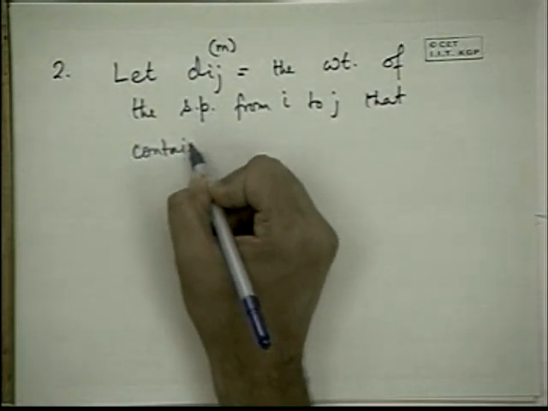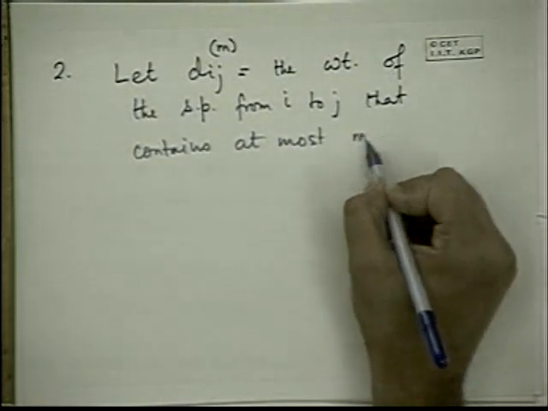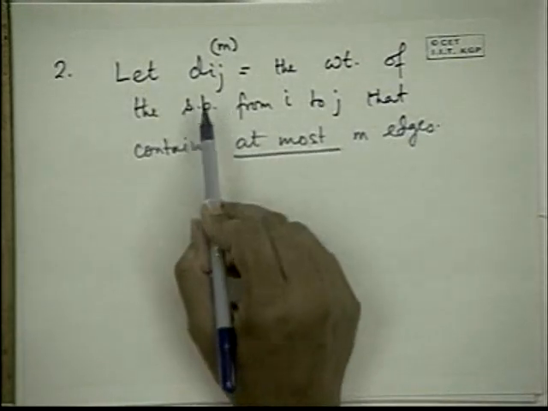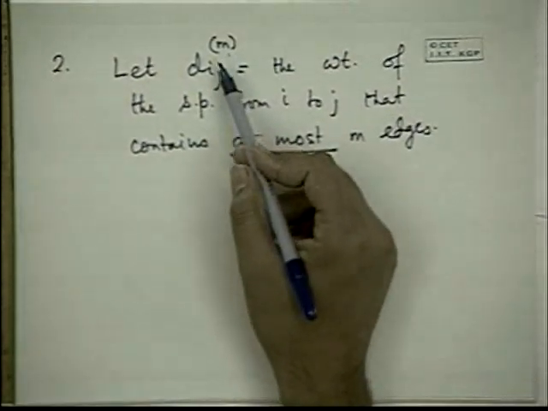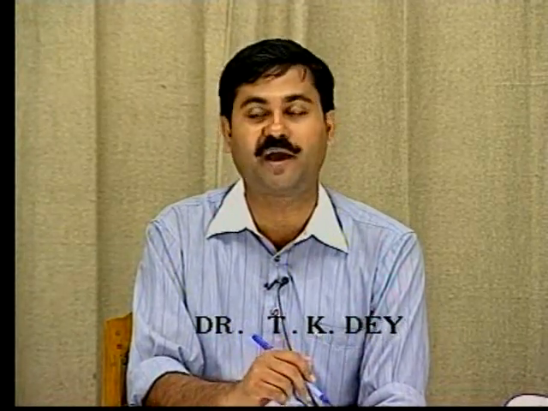This is just a definition, but it is important. Among all such paths from i to j which contain at most m edges, D_ij superscript m gives you the shortest.